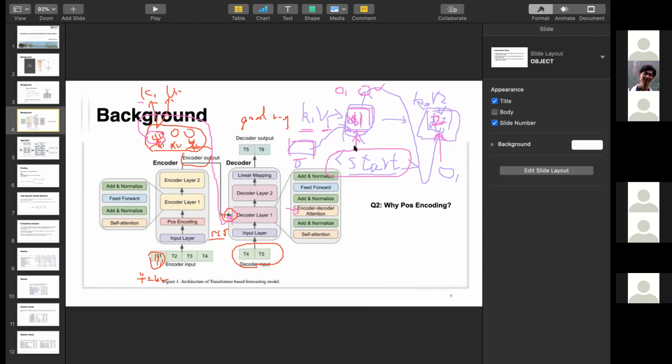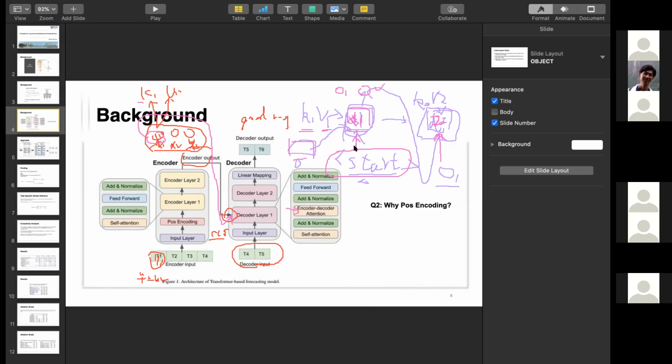I can understand the start token because this is another input like the O1, but we should have another input compared to D1, because D2 has the input of D1 and D1 needs to have the input of D0. Are your D0 and the start the same thing or not? No, the D0 is not different from the start token.